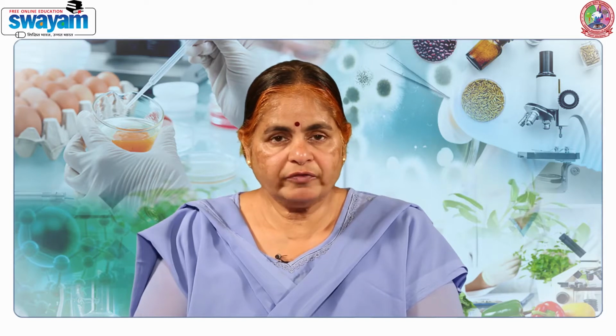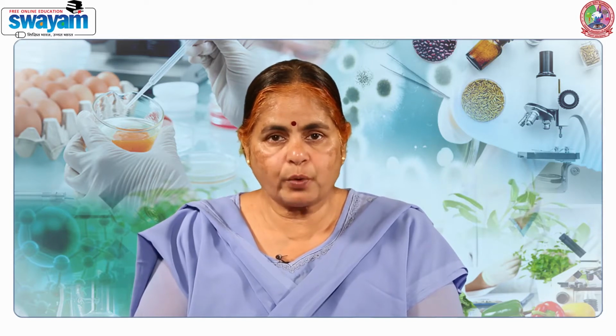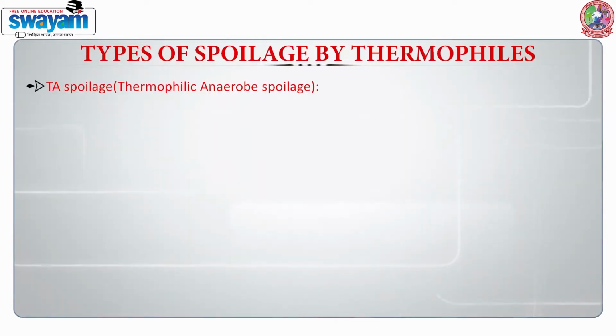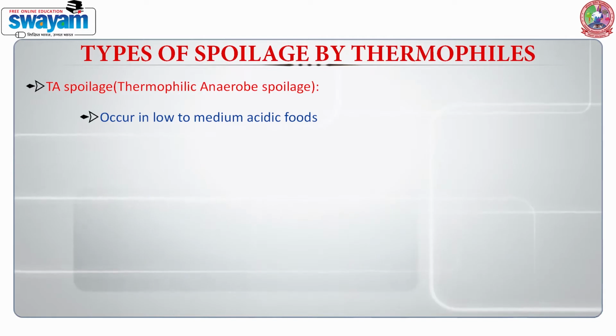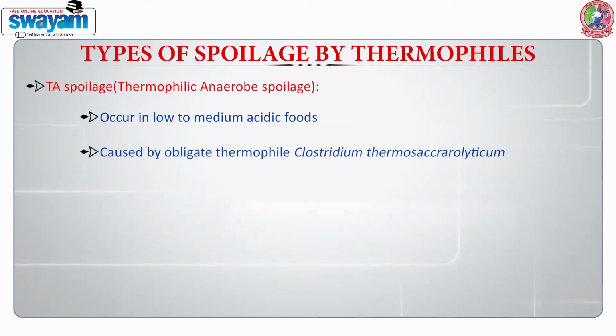There is a type of spoilage which is known as thermophilic spoilage or TA spoilage, an abbreviated form of thermophilic anaerobic spoilage. This is commonly seen in foods which are medium in acid content, and the causative organism is an obligate thermophile like Clostridium thermosaccharolyticum.